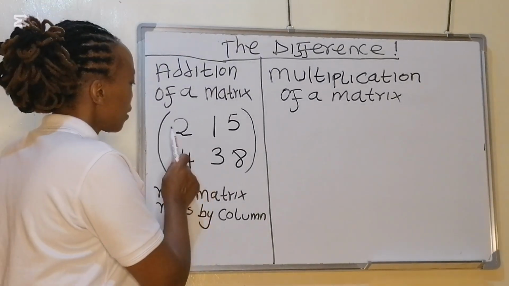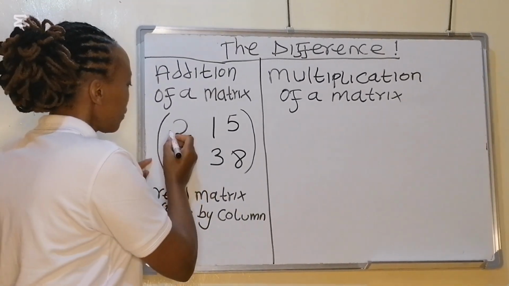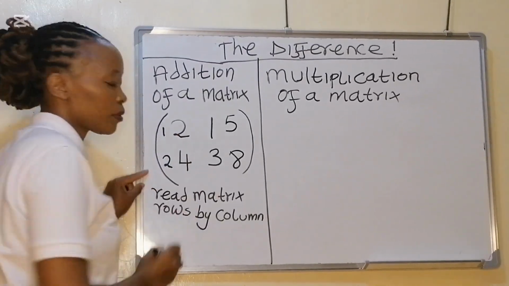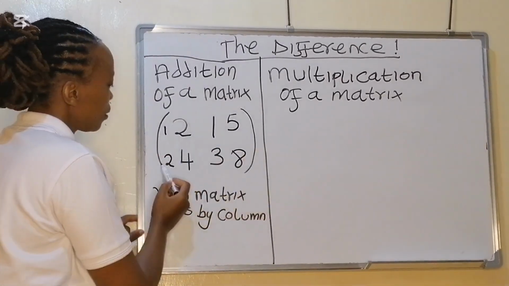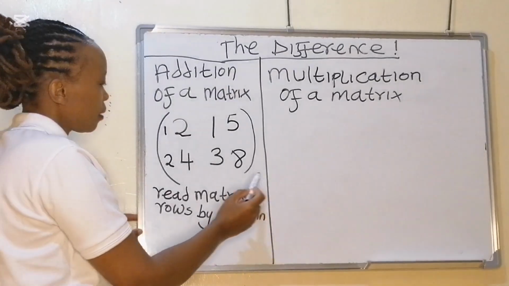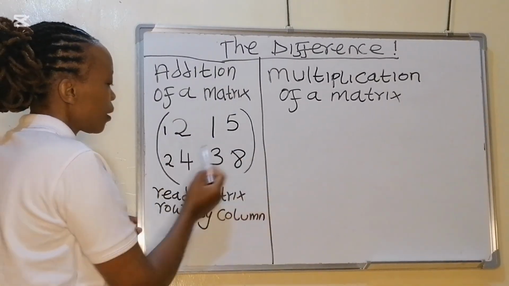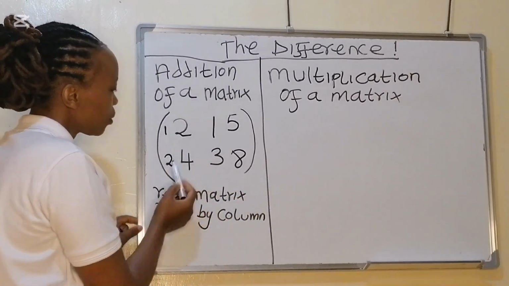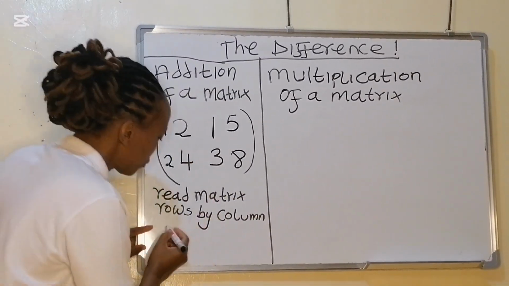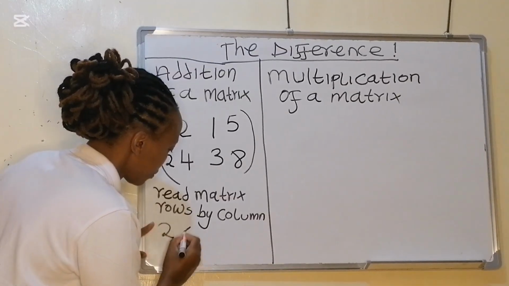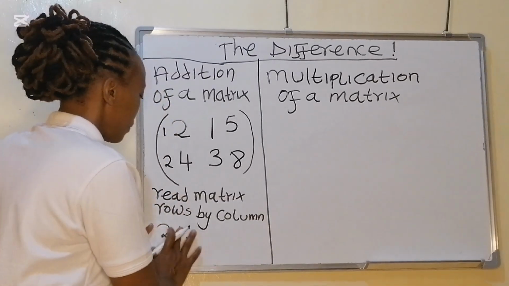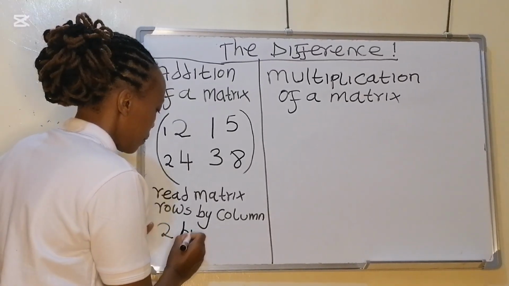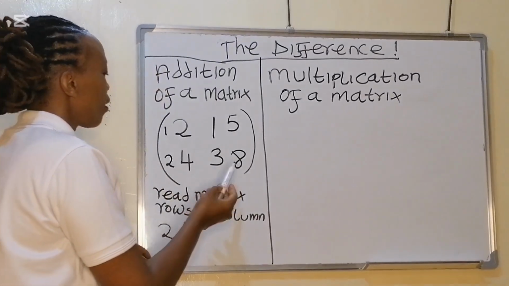How many rows? This is the first row, and this is the second row. So how many rows? We have the first row, then the second. We have 2 rows. How many columns?